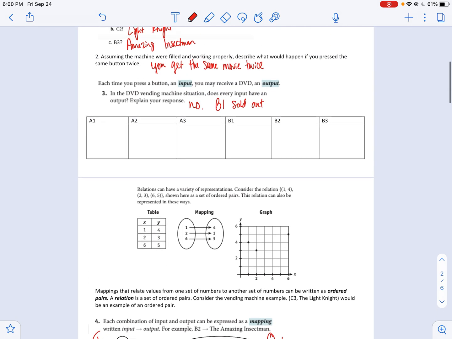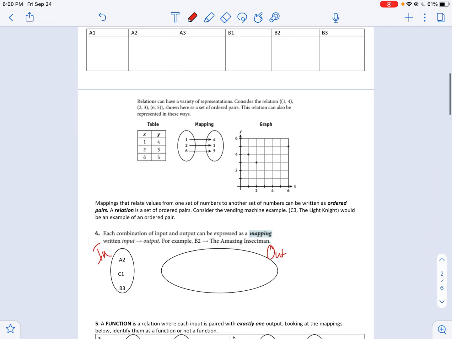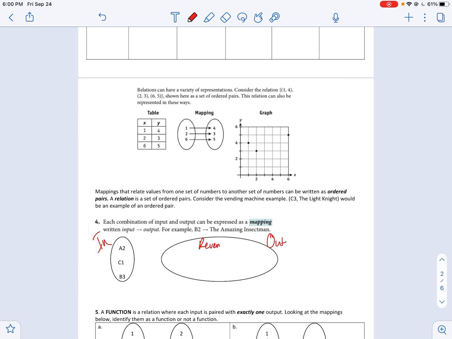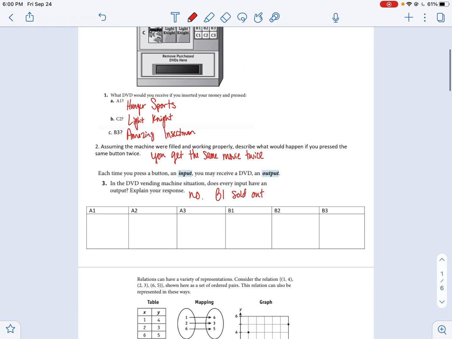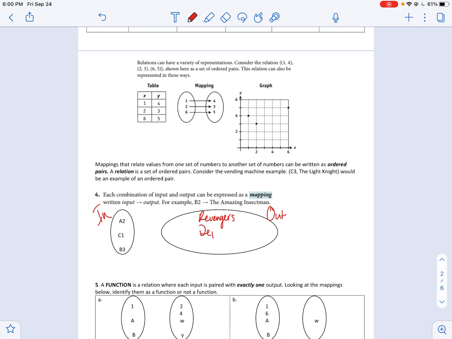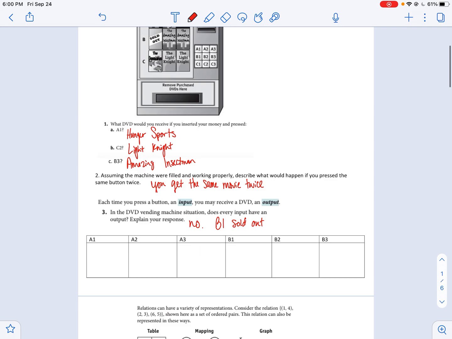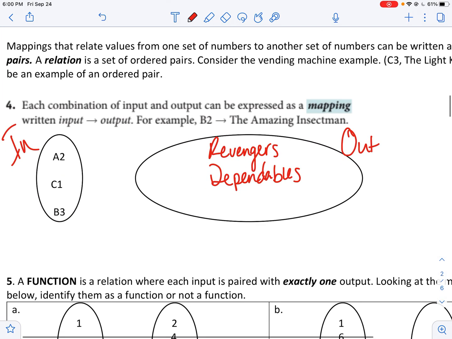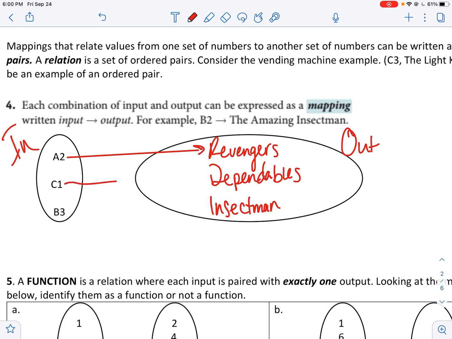So for example, B2 goes to the Amazing Insect Man, A2 goes to the Revengers, C1 goes to the Dependables, and B3 goes to the Amazing Insect Man.